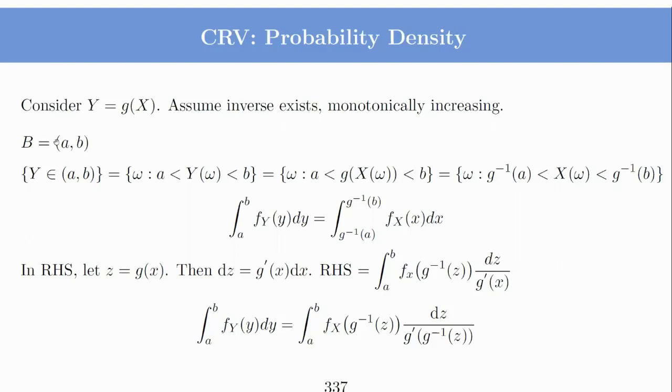So let us take a Borel set (a, b). And for other types of Borel set, you can apply the same logic in terms of union of open intervals. So let's assume it is an open interval from a to b.